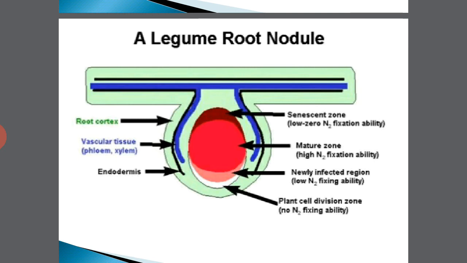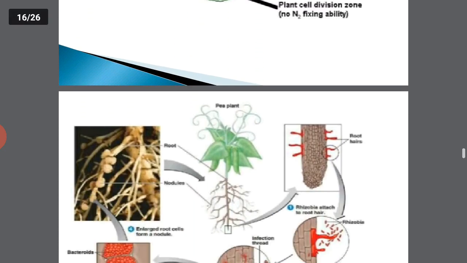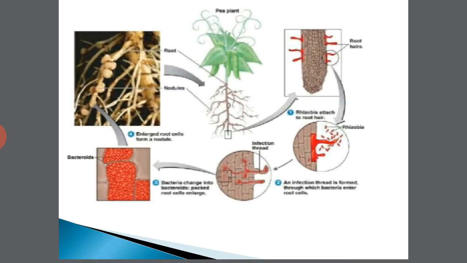In the legume root nodule, you can see the root convex and also the endodermis in the plants. There you will see how the root nodules are formed in leguminous plants. Another picture you can see over there, showing how the nodules are formed.